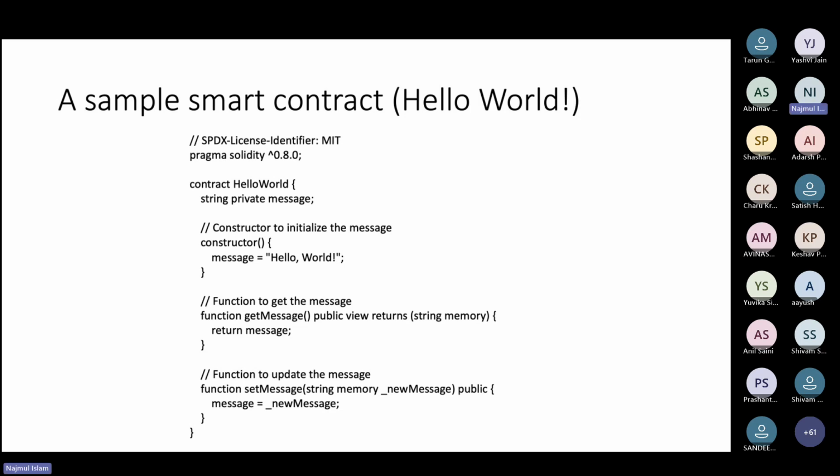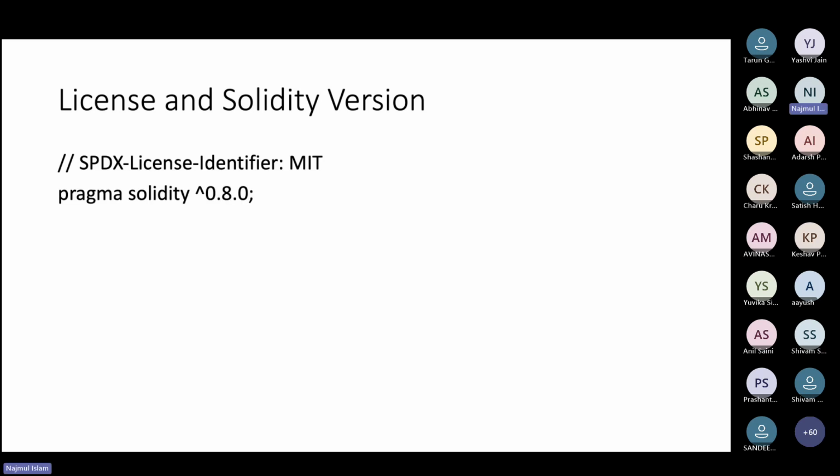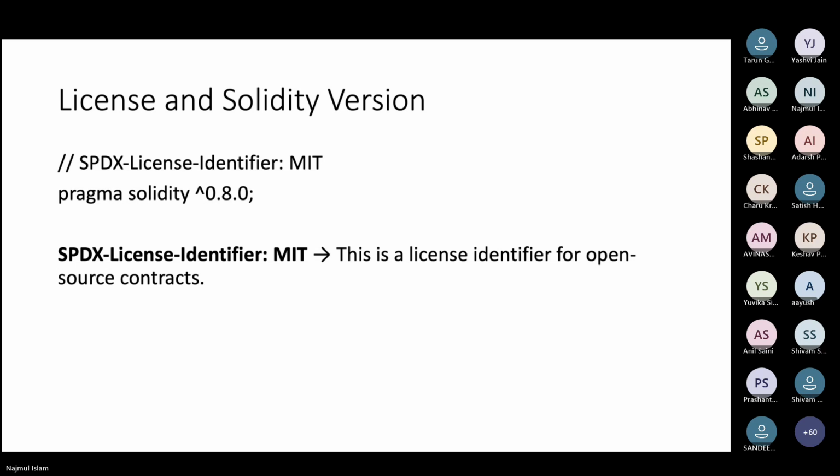So let's take a look at the first two lines, where it is written SPDX license identifier and then pragma solidity. So let's start from there. The first two lines are about the license and the Solidity version. This is the license and this is the Solidity version.